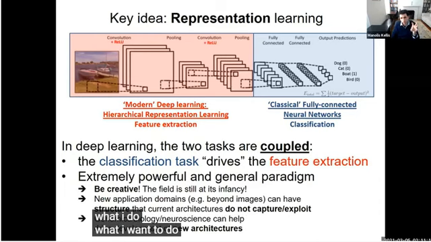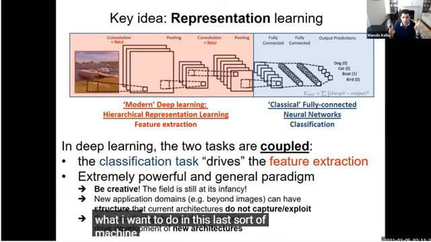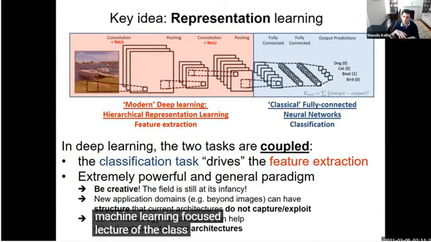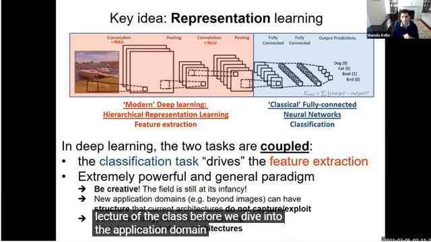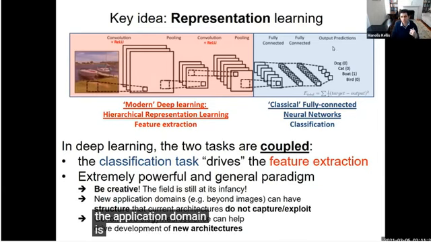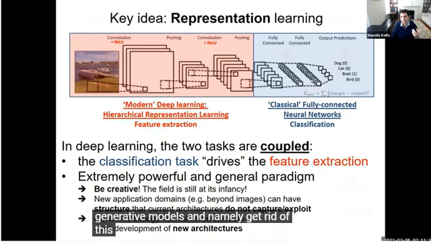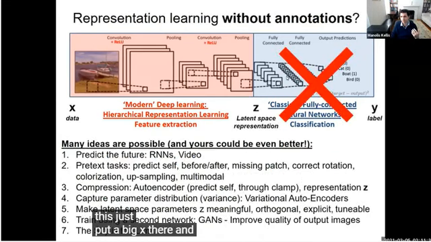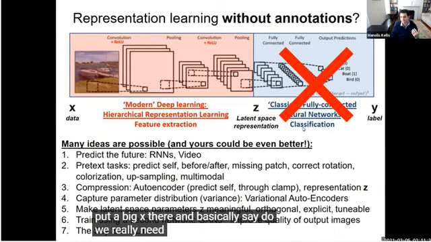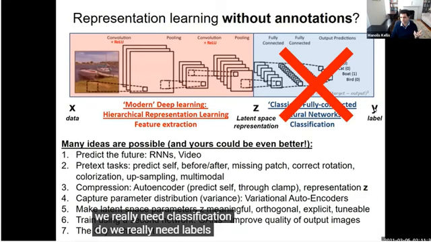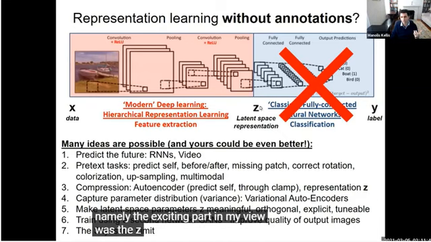What I want to do in this last machine learning focused lecture of the class before we dive into the application domain is go into generative models and namely get rid of this. Just put a big X there and basically say, do we really need classification? Do we really need labels? Namely, the exciting part in my view was the Z, this latent space representation.